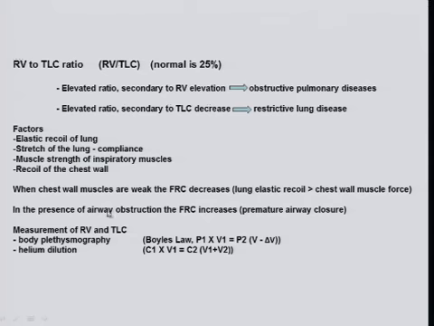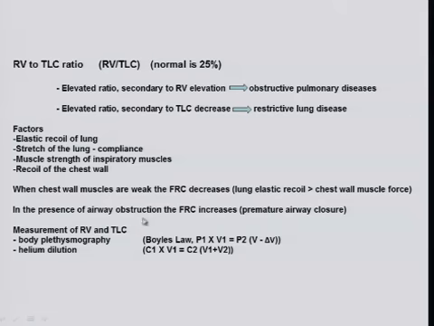In the presence of airway obstruction, the FRC increases. Now, in this case, that's because of premature airway closure. So if our airways are somewhat occluded and we have more resistance in the airways, we're going to talk very specifically about why during exhalation we can get a total collapse of those airways prematurely.